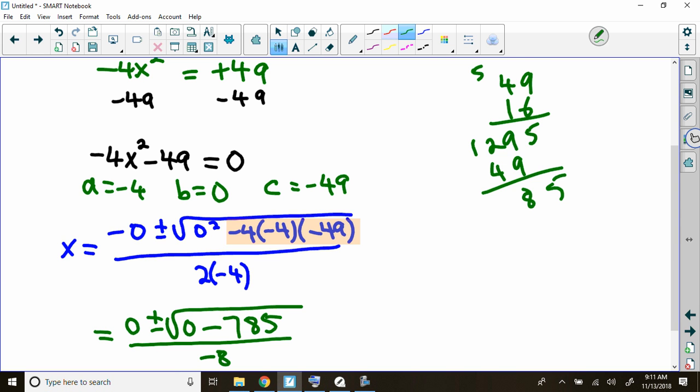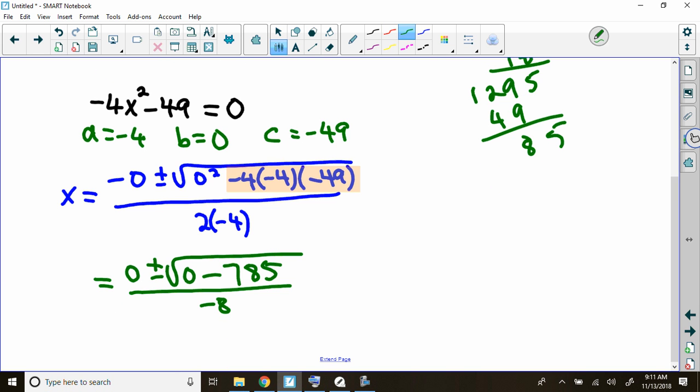So this ends up equaling the square root of negative 784 over negative 8. Has anyone ever tried on a calculator to take a square root of a negative number?